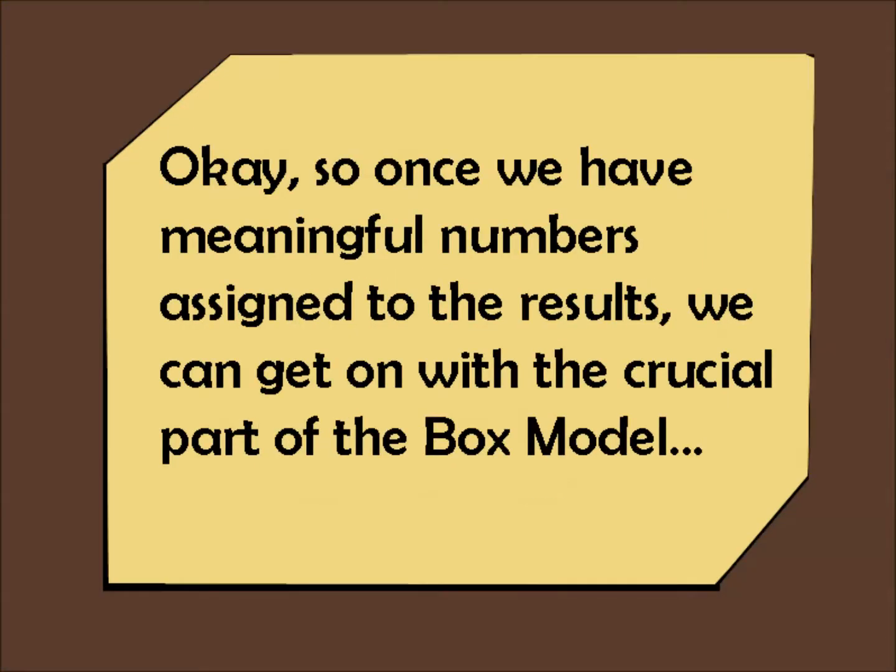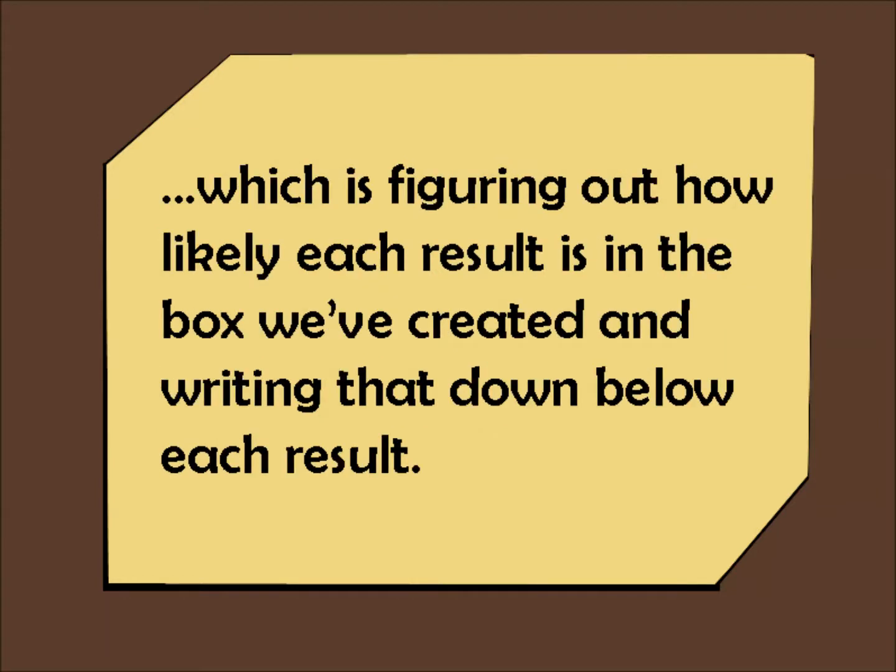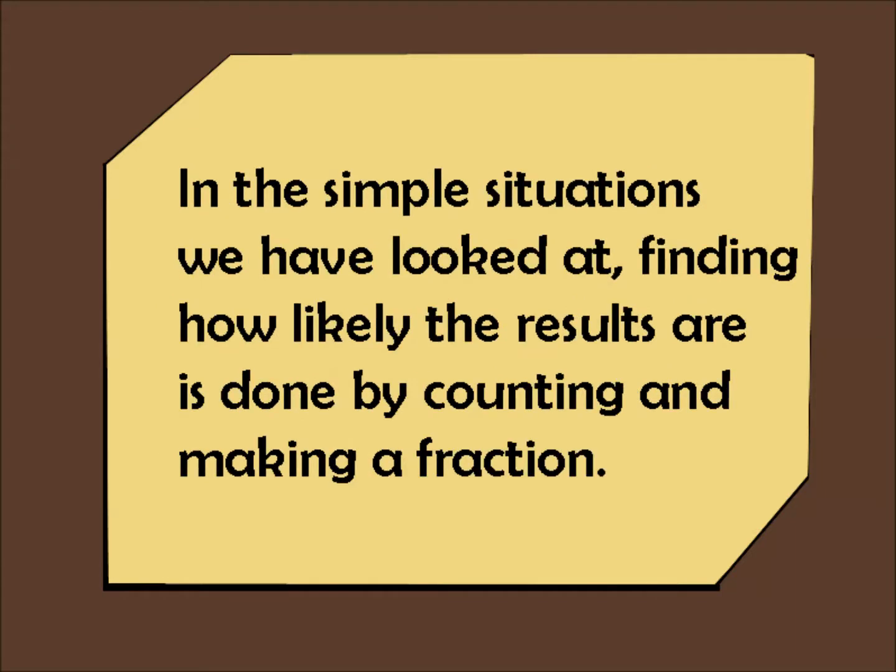Okay, next section. Once we have meaningful numbers assigned to the results, we can get on with the crucial part of the box model. It's figuring out how likely each result is in the box we've created and writing that down below each result. In the simple situations we've looked at, finding how likely the results are is done by counting and making a fraction.